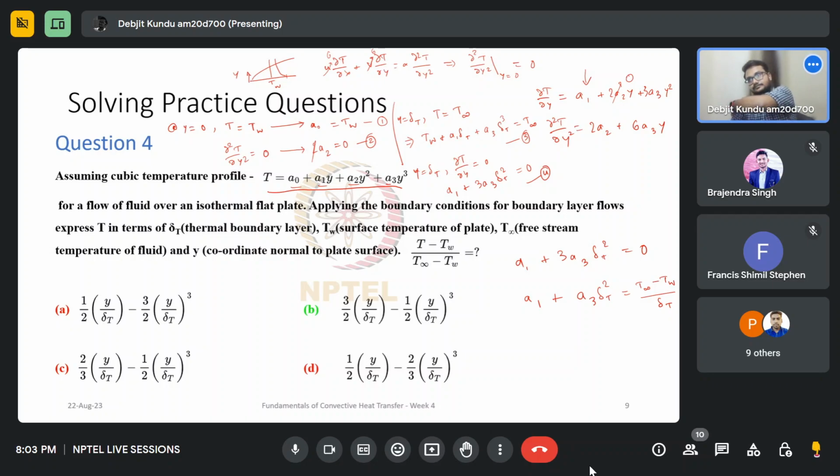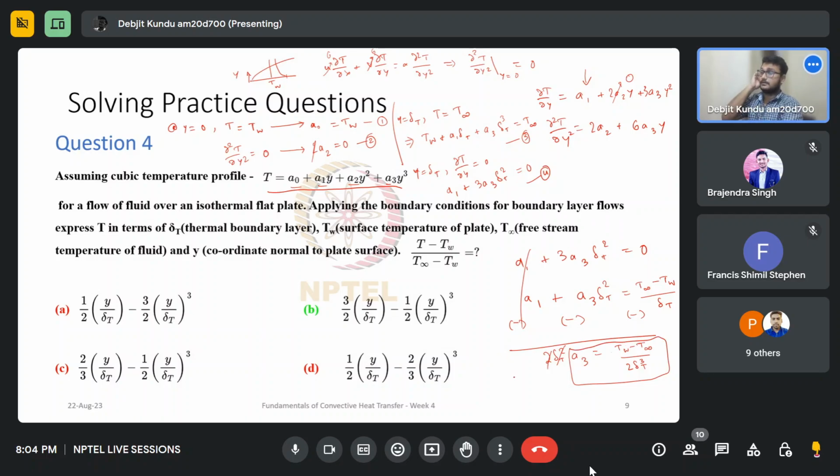If I now take a difference between these two, A1 would cancel out. I'll get 2 delta t squared A3 is equal to (TW minus T infinity) by delta t. Now I'll simplify this a bit. Delta t squared I'll send here, this becomes cube, and 2 also I send here. So this is the value of A3.